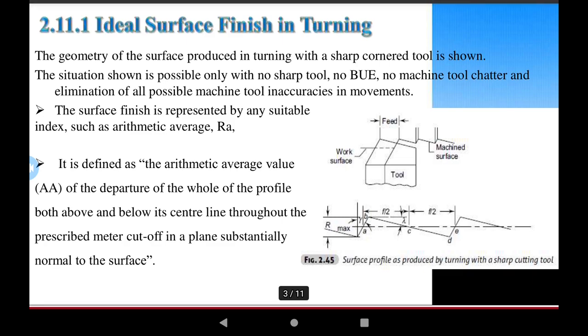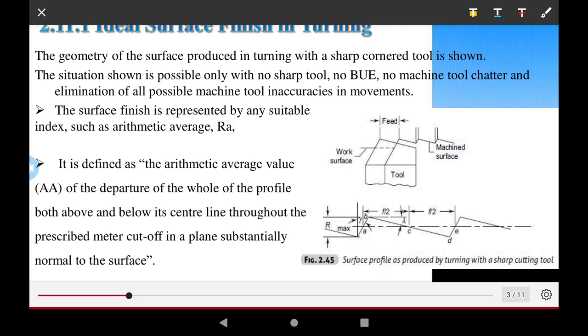In this figure, this is the machined surface, and this represents the feed rate of the tool.